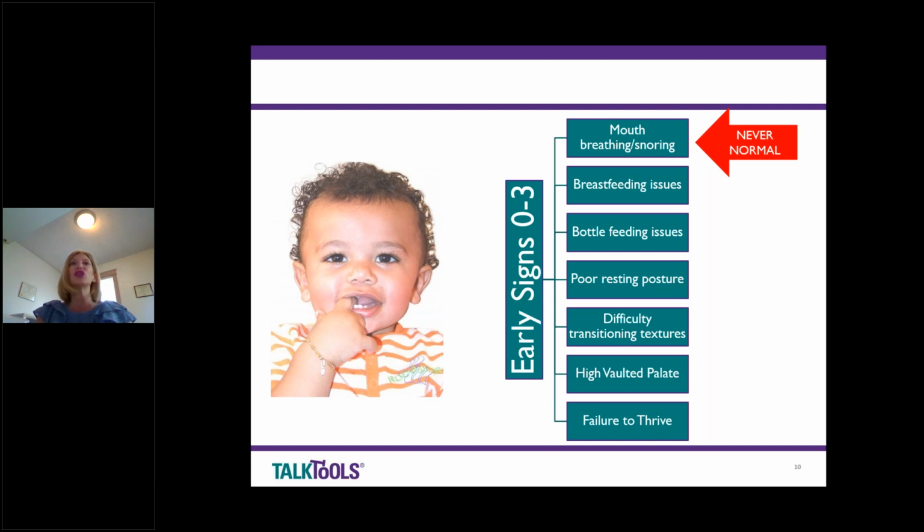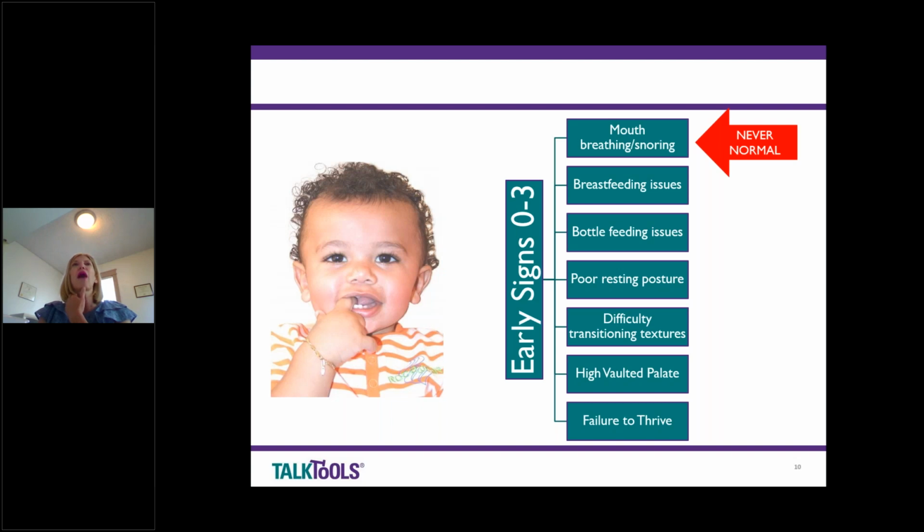So if there's an issue such as a tongue tie, or maybe some low tone, or issues with nose breathing, you can have some bottle feeding issues, and that's the first sign of a possible OMD. Poor resting posture. Every time someone has a baby now, I'm looking at the pictures for the lips closed.